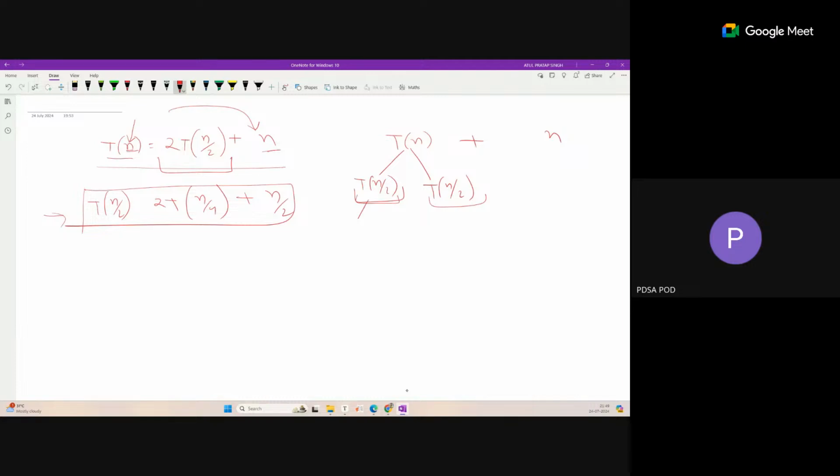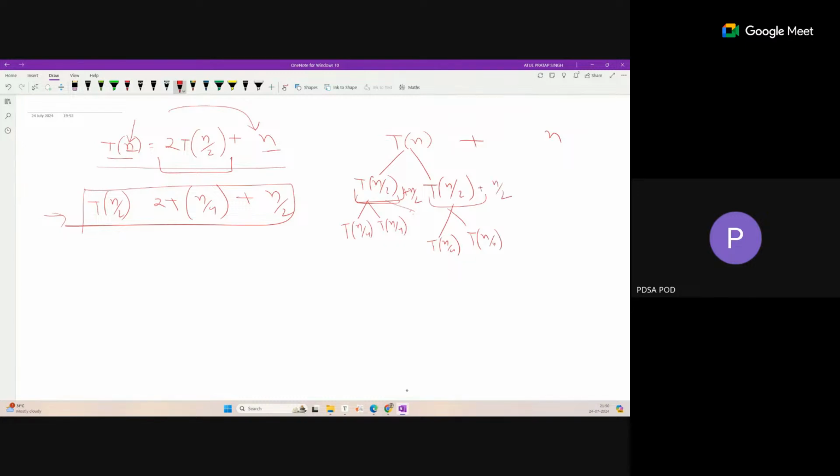If we expand this, there are two recursive calls again, T(n/4), T(n/4), and apart from that we need n/2 time. Same here, T(n/4) and T(n/4), and additional time required is n/2.